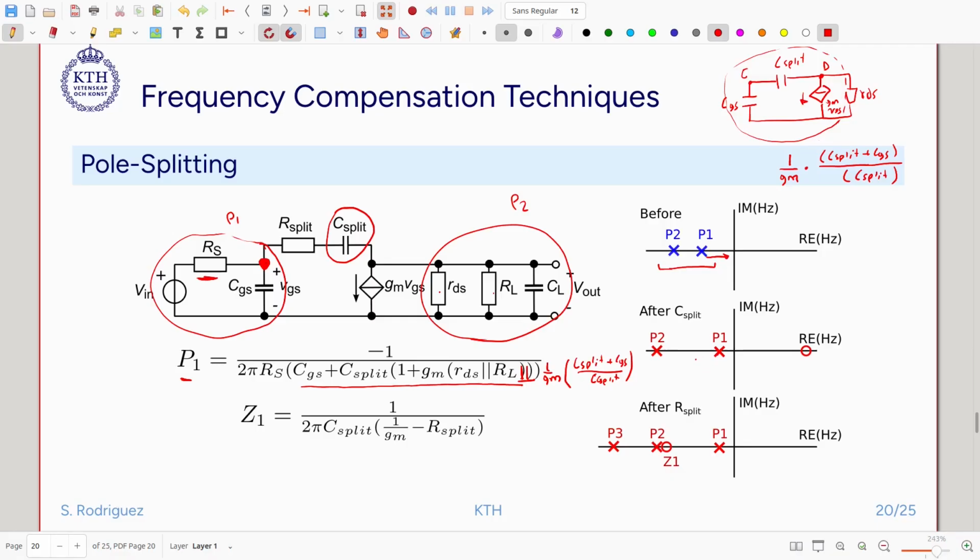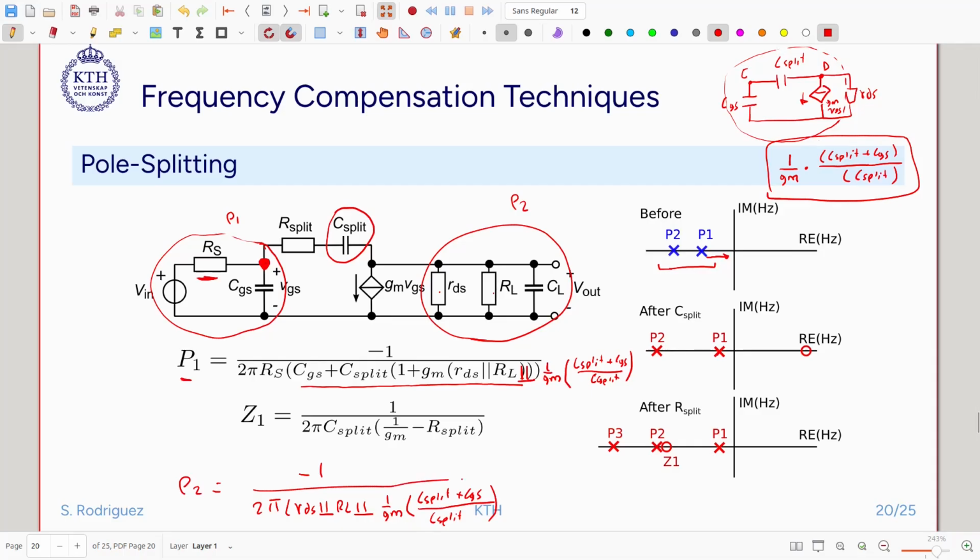And the second pole, due to the reduction in impedance at the output, will go to -1 divided by the output resistance RDS in parallel to RL, which is in parallel to 1 over GM times (C split plus CGS) divided by C split.